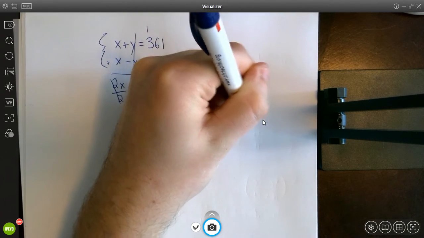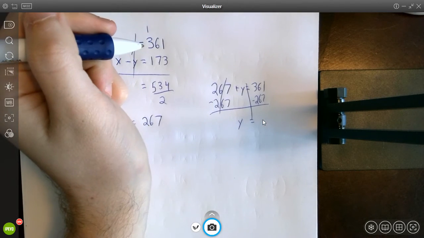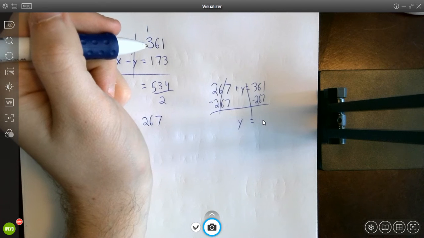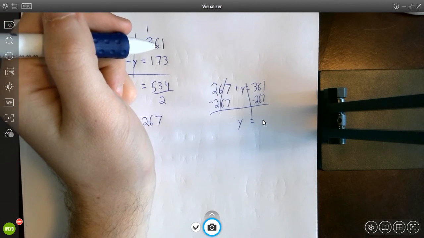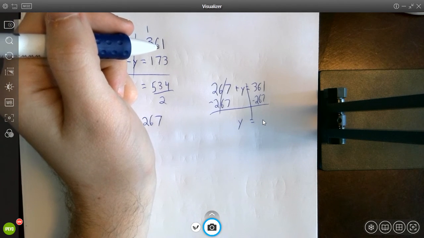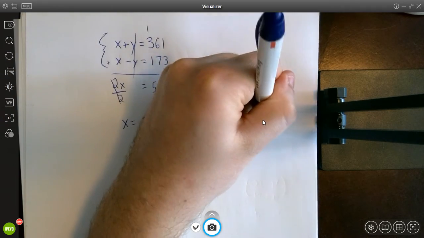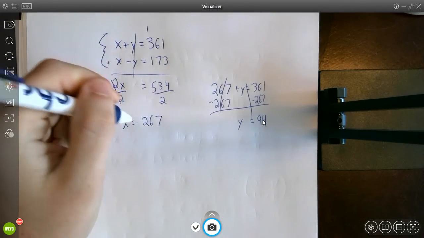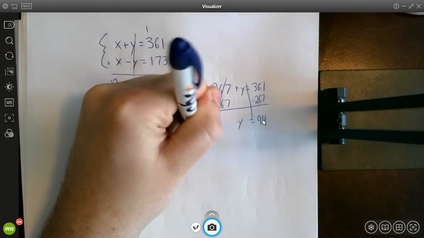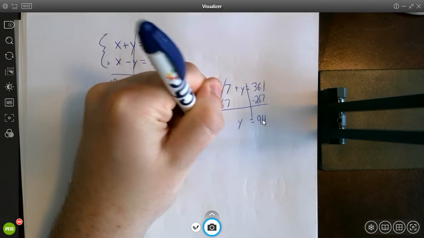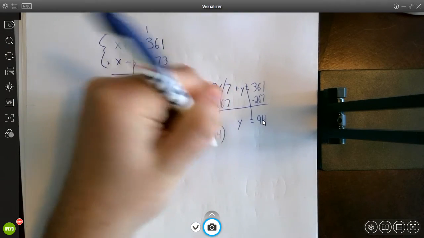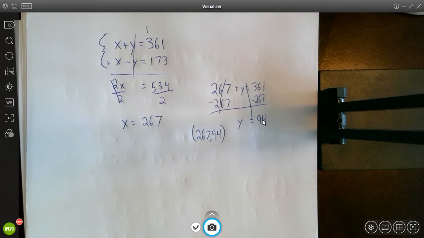And we'll have y equals 361 minus 267, 94. So there's our two answers. If we were going to write it as a coordinate, it would be 267, 94. And we can write it that way as well.